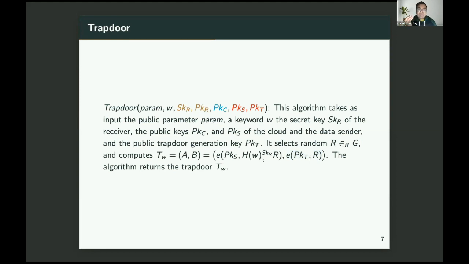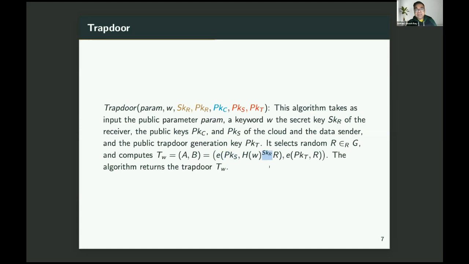So what happens is, whosoever will be searching for a particular word, which is W, first converts this W to a group element. He raises this element to the power SKR, where SKR is the secret key of the person who is searching. This R is a random group element which he gathers uniformly at random from the group. This is the public key of the data owner, which is public information that he can take at any point of time. So he can compute the first component. The only secret part is this, which is his own secret.